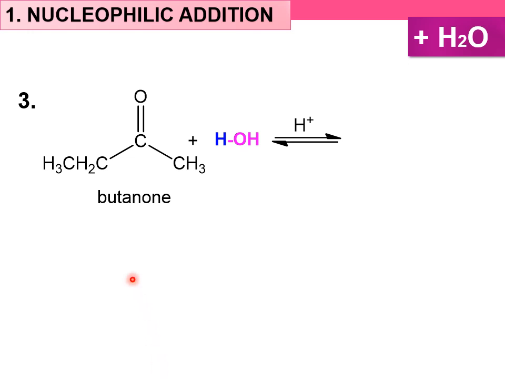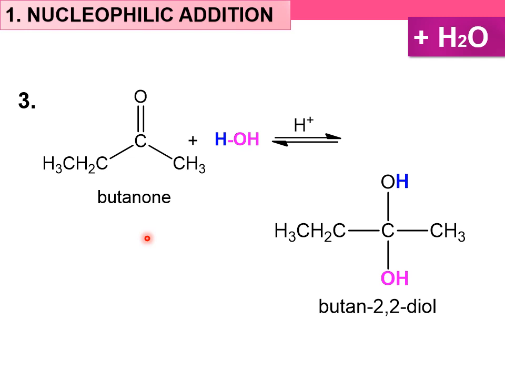Okay, now question number 3 is using butanone, another ketone. So what happens here is that we're going to get another gem diol, and the name would be butan-2,2-diol.